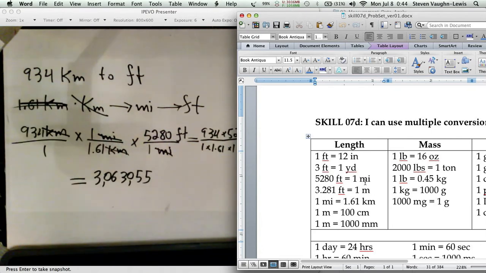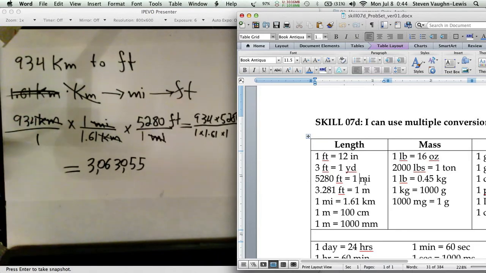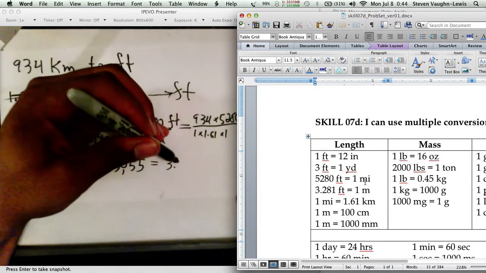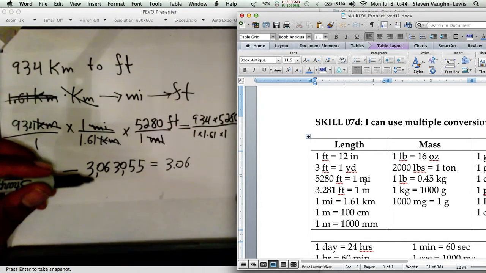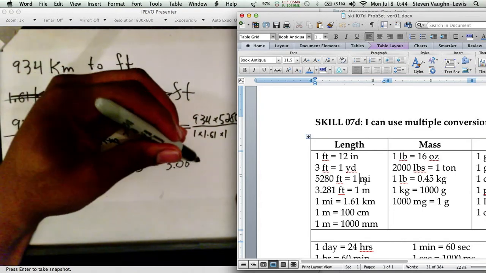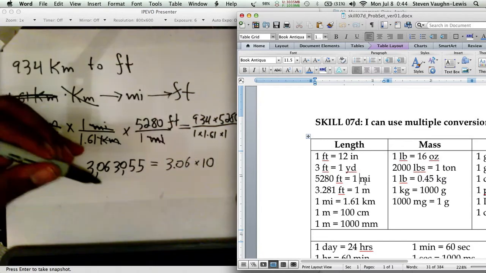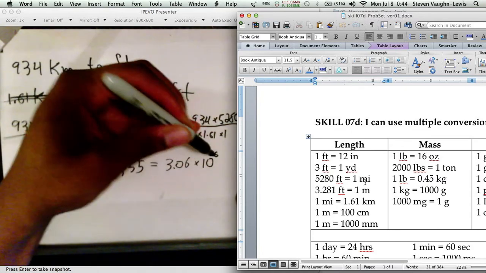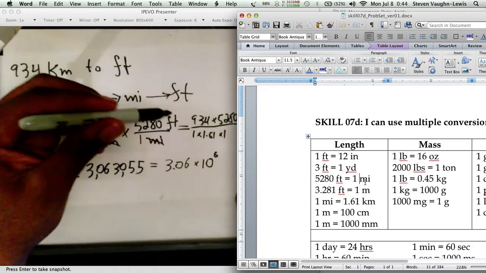Alright, and why don't we just put that in scientific notation? That's going to be 3.06, because you always put the point up front, 3.06 times 10 to the 1, 2, 3, 4, 5, 6, times 10 to the 6. What are our units? Feet.